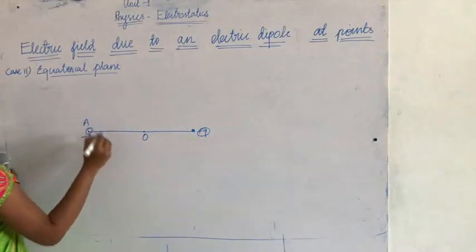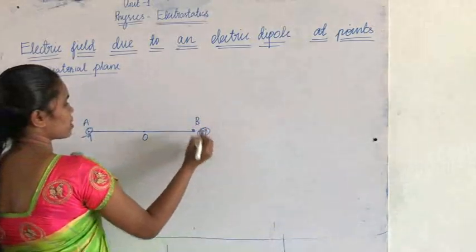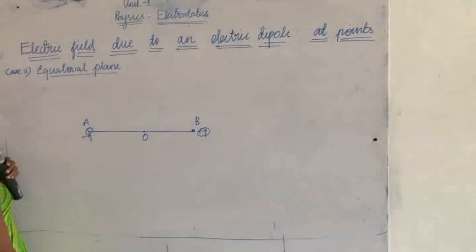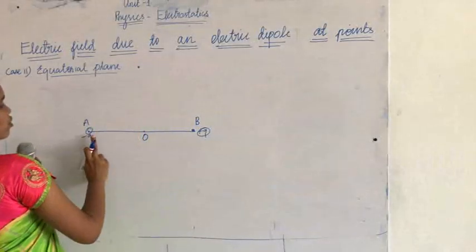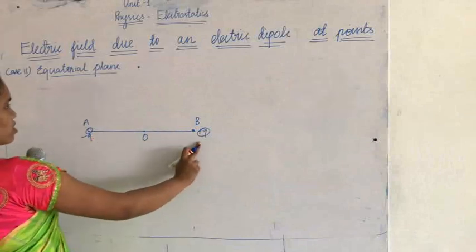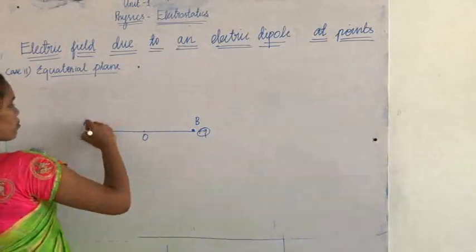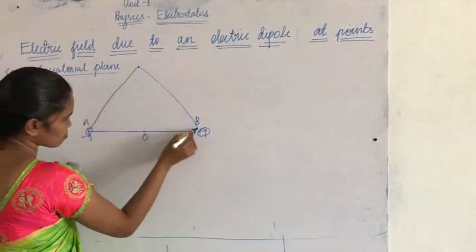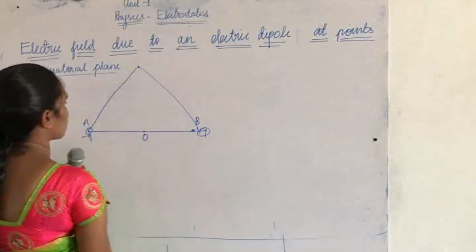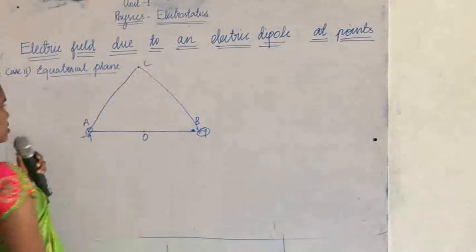This is taken as point A, this is point B. Now, C you are taking here, it is equidistant from the points A and B. This is point C.